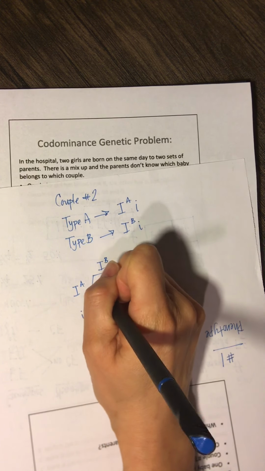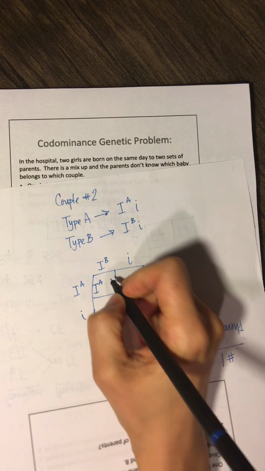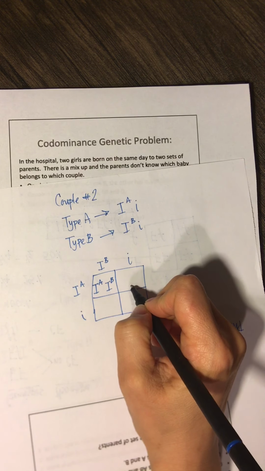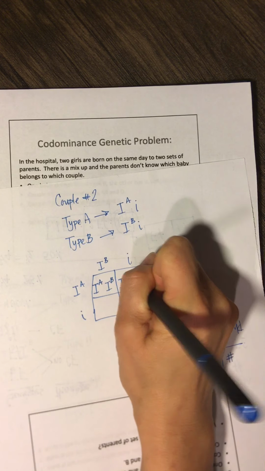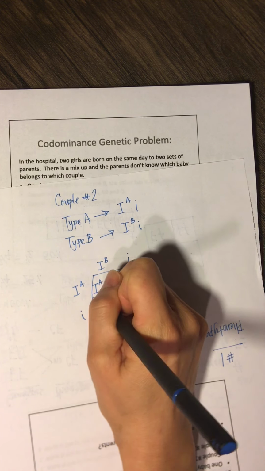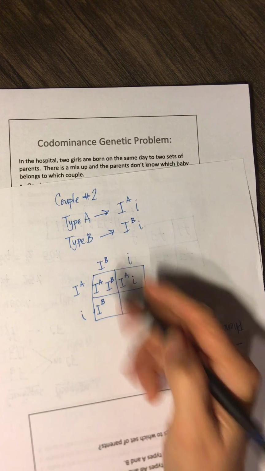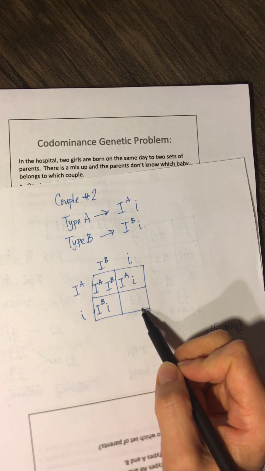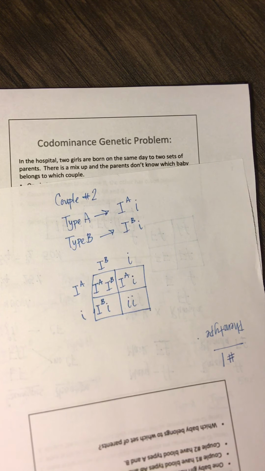This first quadrant inherits the A from this parent and the B allele from that parent. This quadrant inherits the A allele and a little i. This quadrant produces an offspring with the B allele and then lowercase i, and this last quadrant here inherits 2 lowercase i's.